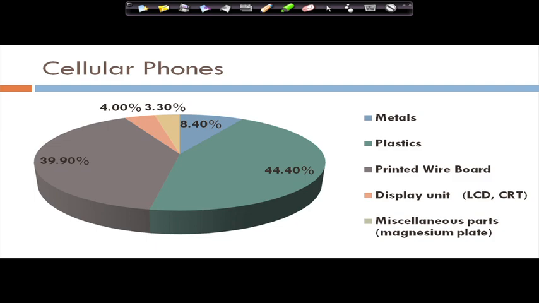So, overall, as you can see, a cellular phone has a good amount of plastic, and we also have the printed wire board. The printed wire board will have different types of heavy metals and other things present there. As we make progress, we are actually reducing the metals and using more and more plastics.